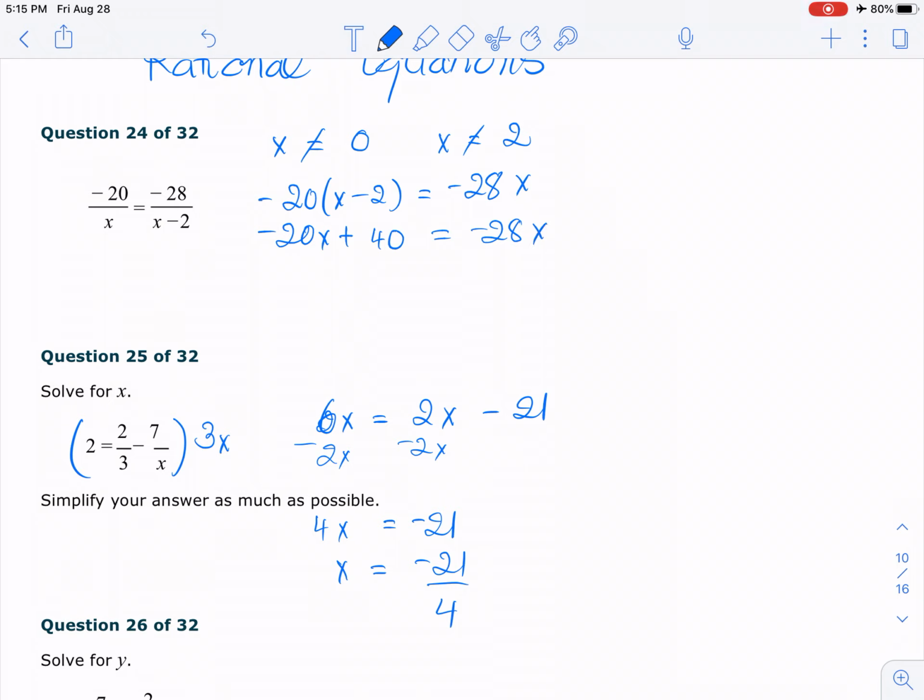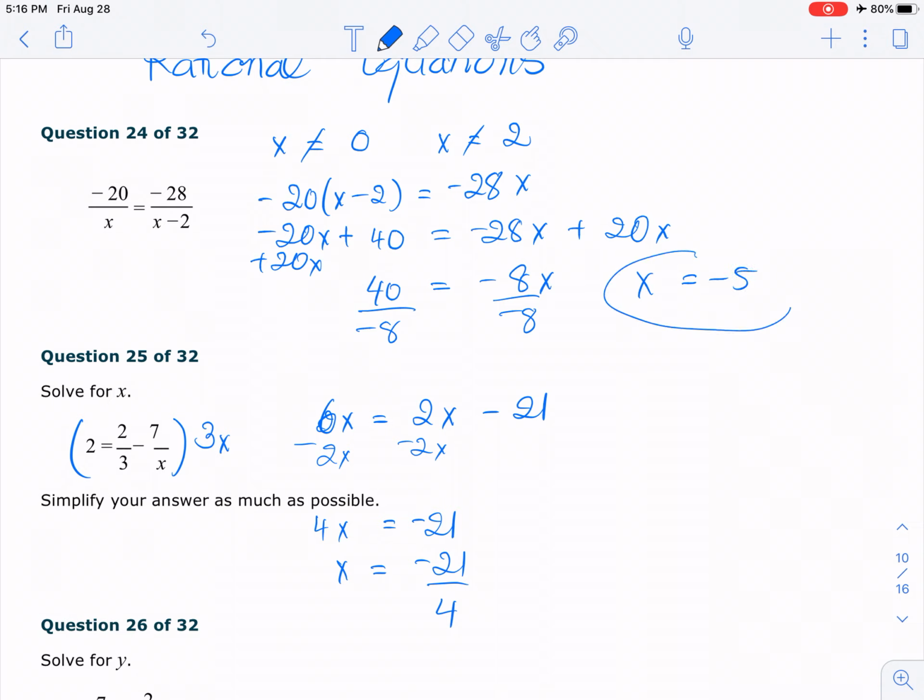And then we solve for x. So I'm just going to add 20x over. 40 equals 8x... negative 8. And then I divide by negative 8. So x is going to be negative 5. Which is good. It's not 0, it's not 2, so we get to keep it.